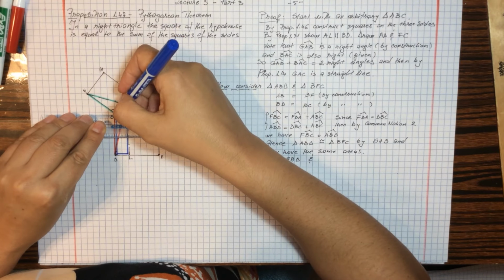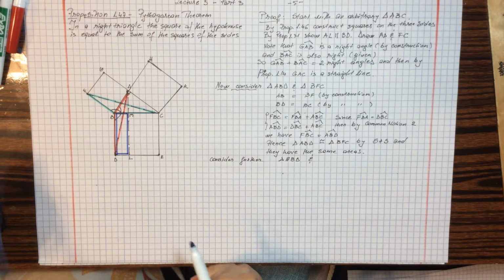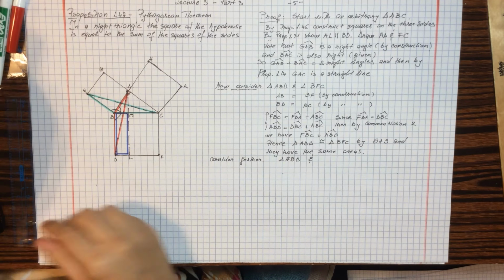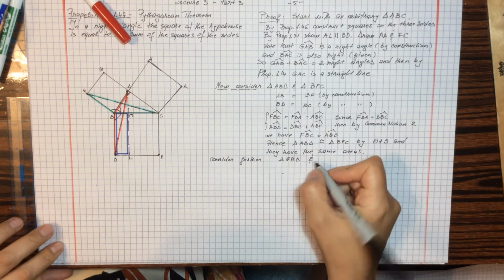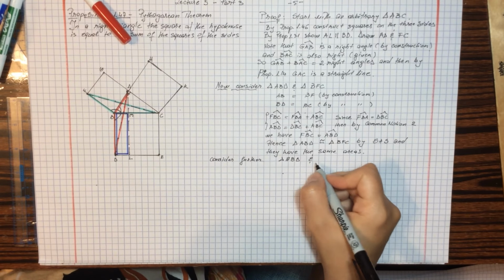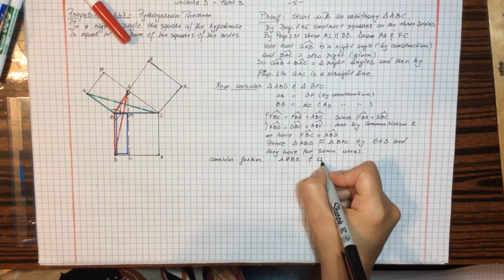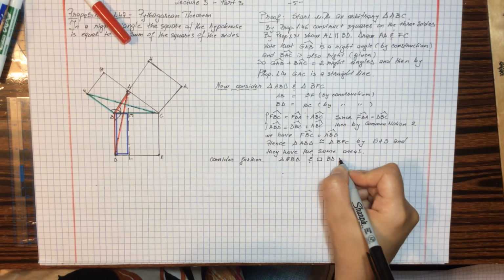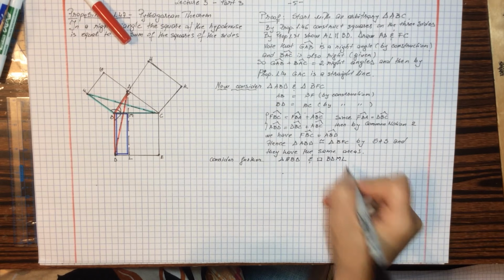So red triangle and blue rectangle. And this is rectangle BDML.